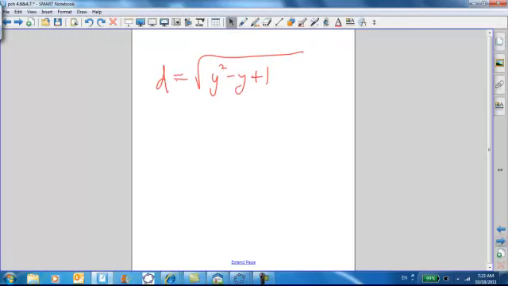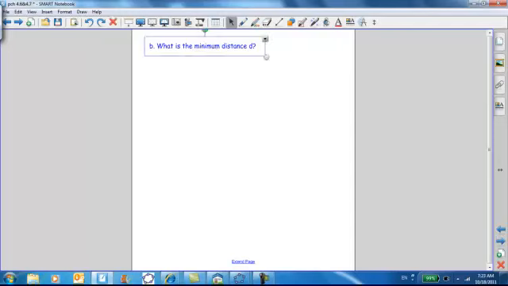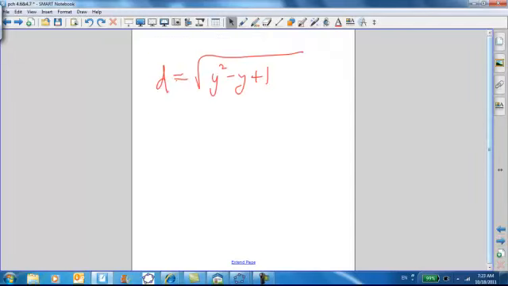Let's get the instructions again. What is the minimum distance D? Well, there's our formula. We want to graph D as a function of y. Well, we've never graphed something like this before, but I think you're going to recognize the shape when we see it on GeoGebra.